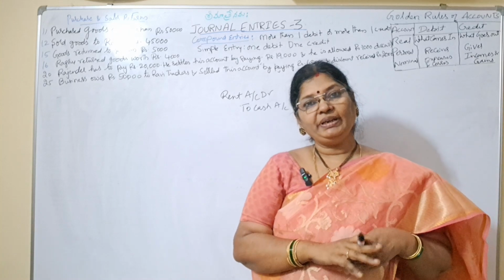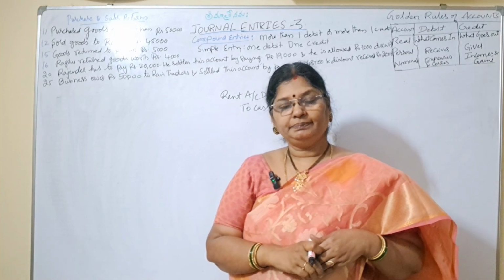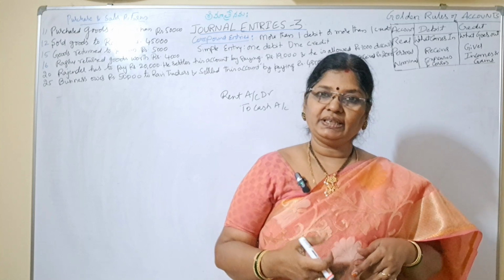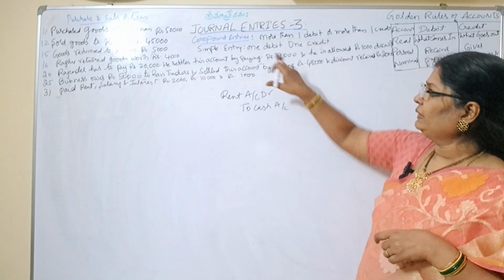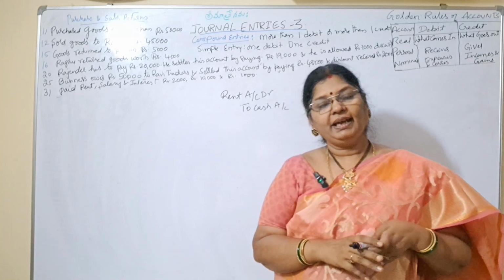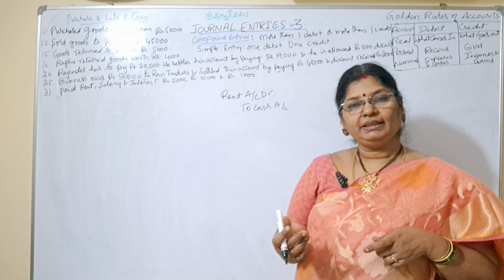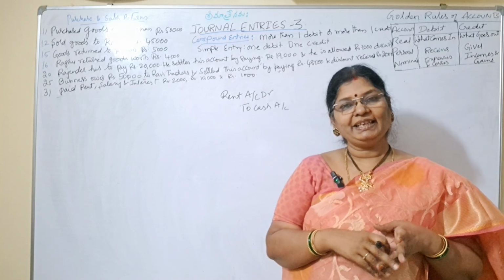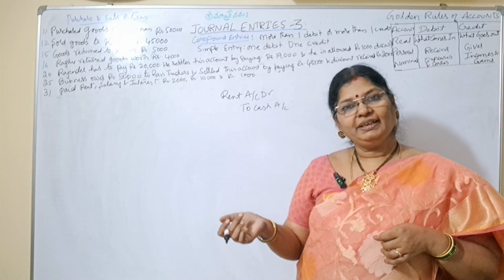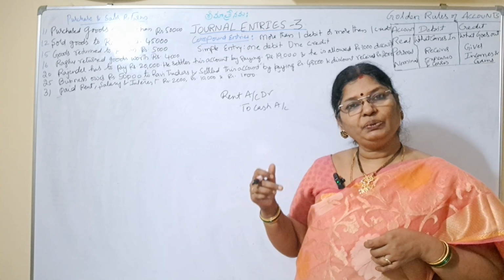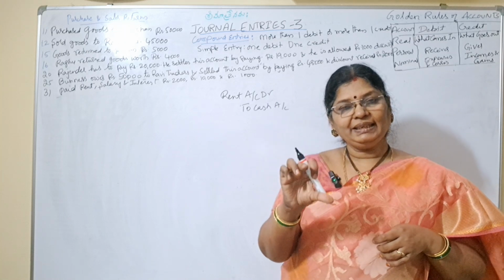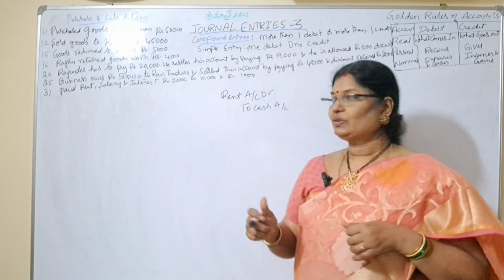Okay, what is compound entry? Why will you write compound entries? For example, if you have different transactions on only one day, say we are paying rent, salary and interest on the same date. Instead of writing three entries, rent account debit to cash account, salary account debit to cash account, interest account debit to cash account, we will write one compound entry, debiting three and crediting one.